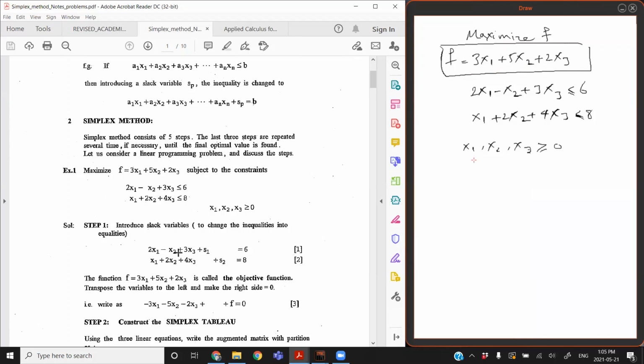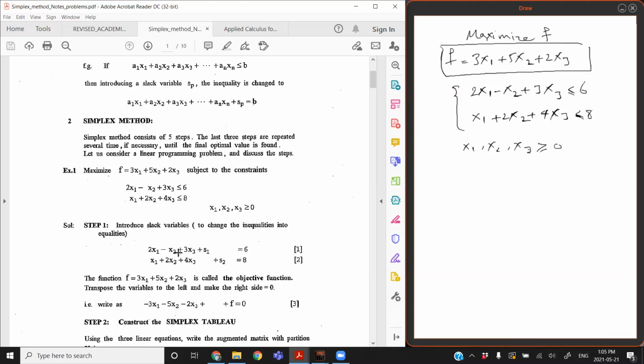These values x1, x2, x3, all of them are non-negative variables. That means they cannot have negative values. They can only have positive values or zeros. So that's another thing that makes this a standard form. And then the inequalities that are given, in this case, you're given two inequalities.